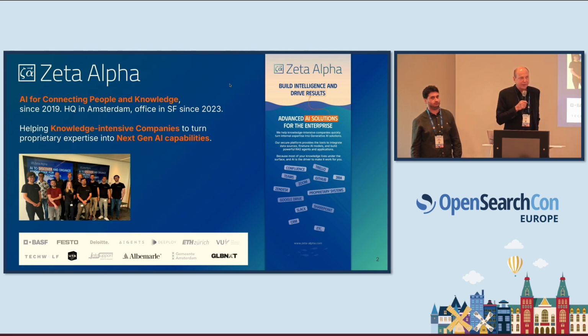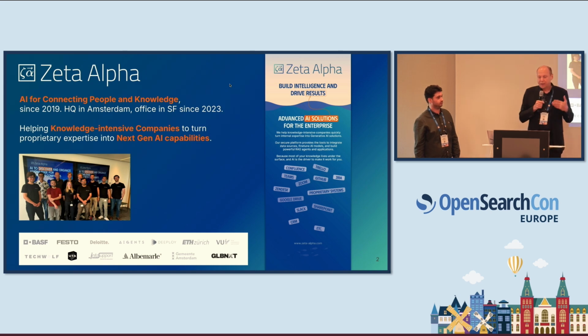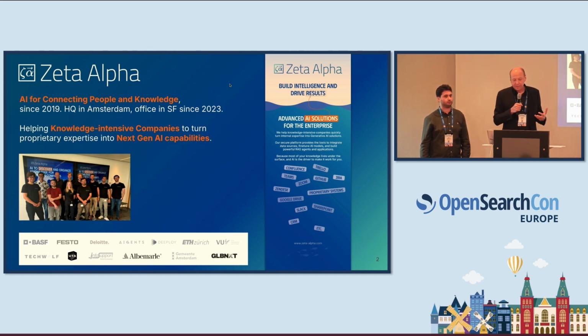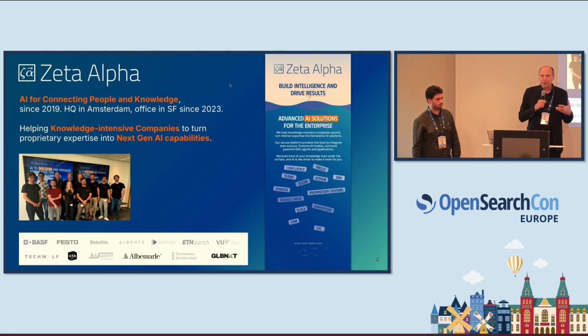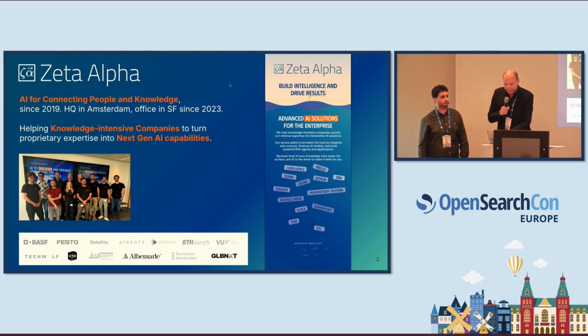We have been working on our AI platform for the last 5 years, and we're helping expertise or knowledge-intensive companies like BASF, Festo, Deloitte, which have very complicated internal knowledge in hundreds of thousands of unstructured documents, to build customized RAG and generative AI solutions, and these days also more and more agentic AI solutions on top of that proprietary internal confidential content.